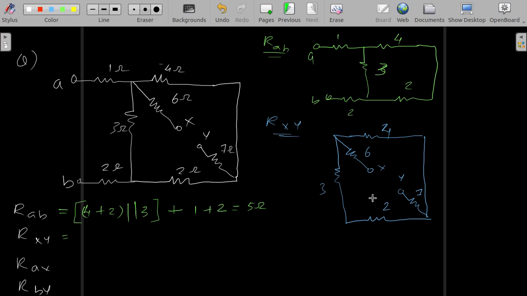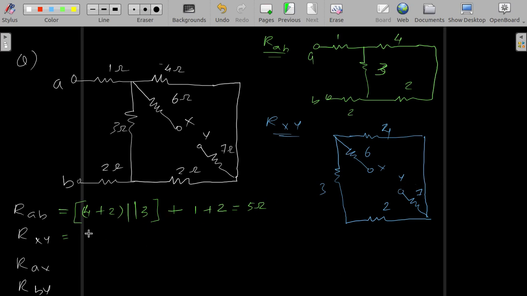Okay. So now here what is happening? 2 and 3 are in series. Okay, 2 and 3 are in series, and this combination is in parallel with 4 and that combination is in series with 6 and 7. Okay.